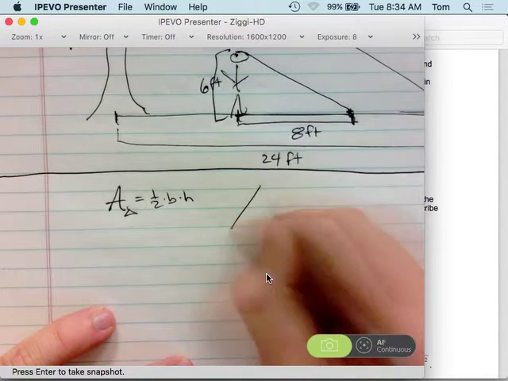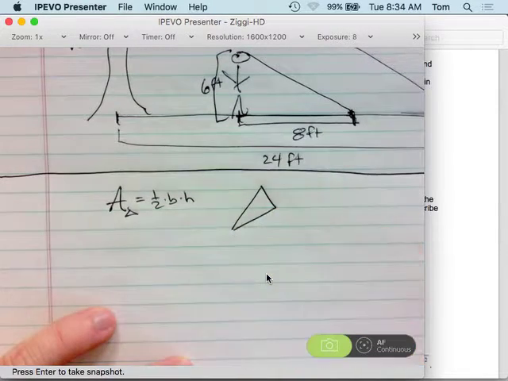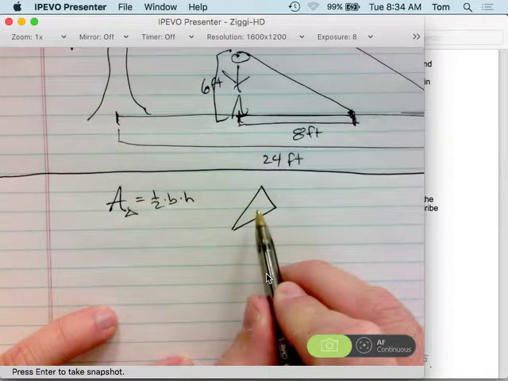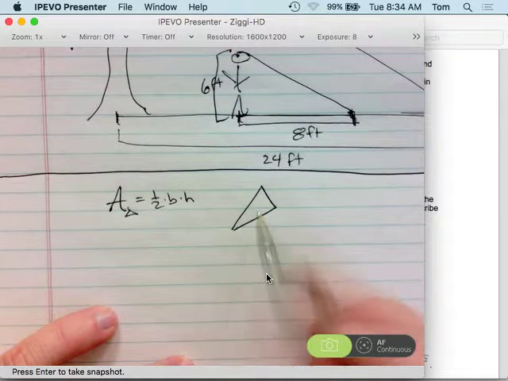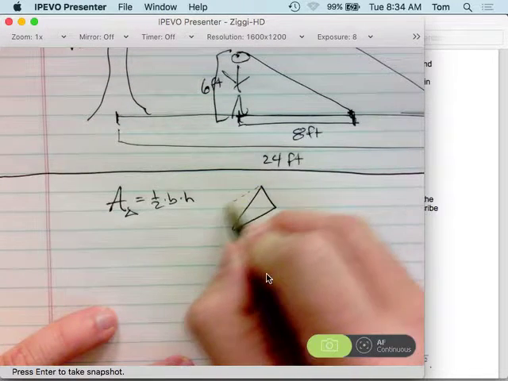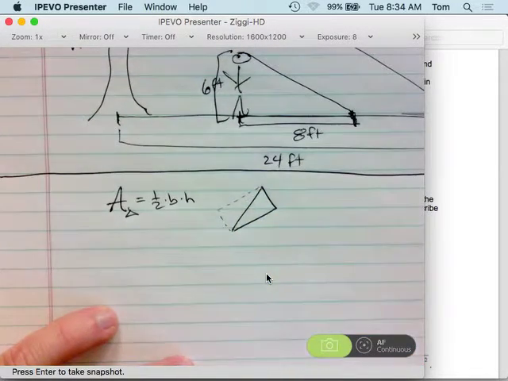Say that I take any triangle I want, okay? And I want to know the area of that triangle. One way I can figure this out is if I duplicate that triangle and flip it over, then maybe it looks like that, okay?